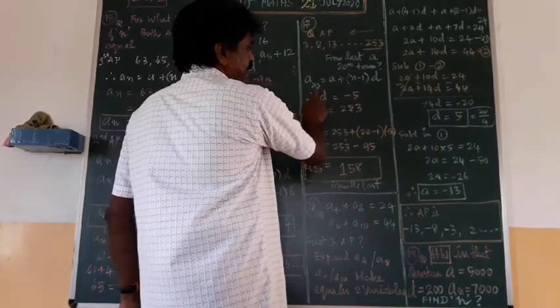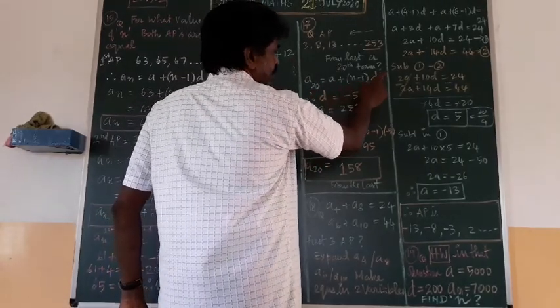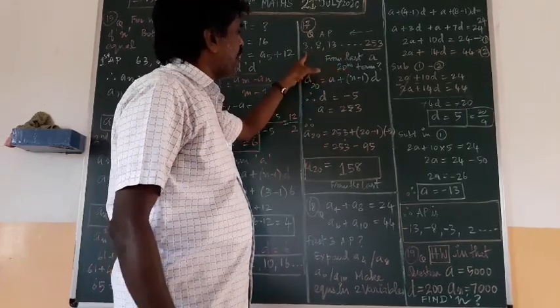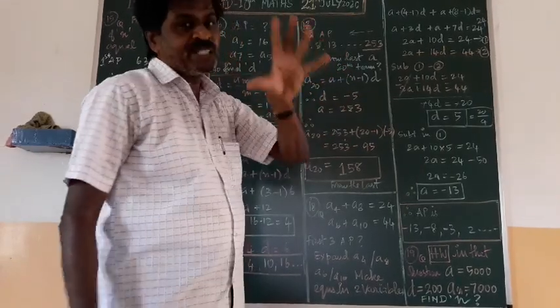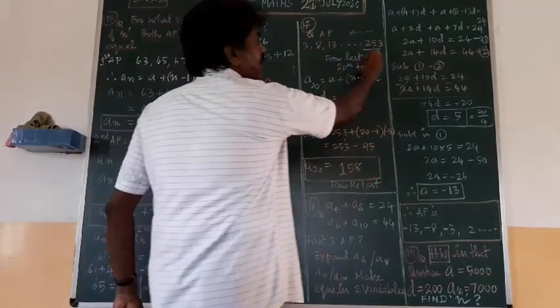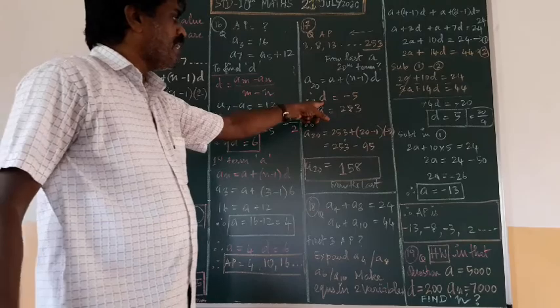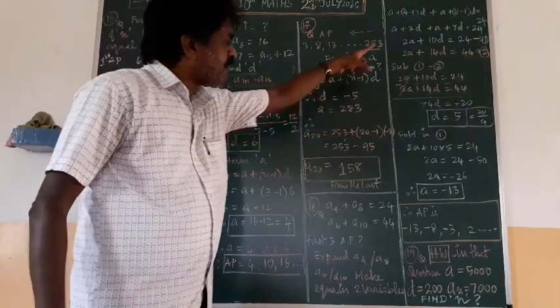So n is 20, and I am writing a plus (n minus 1) times d. When you are going from this side, the starting number, the difference becomes minus 5. So d will be minus 5. A is 253 from the last.